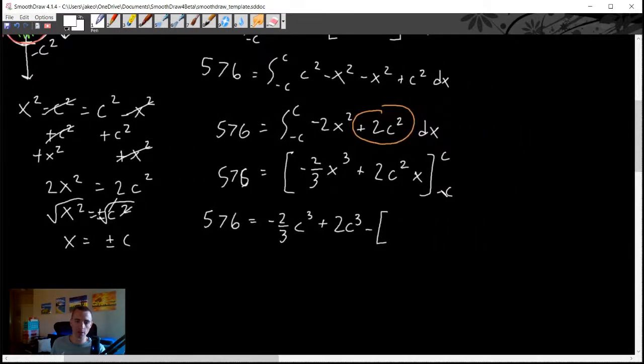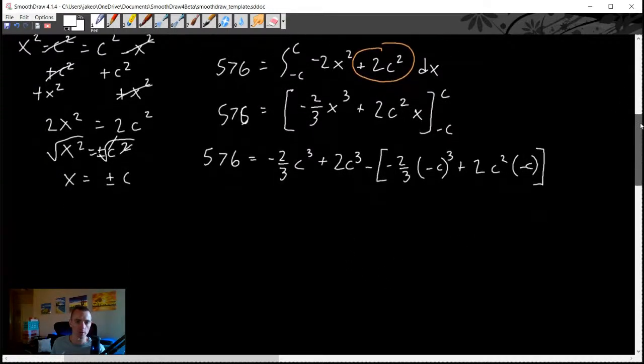So now we're going to plug in negative c for x, so we're going to get negative 2/3 times negative c cubed plus 2c squared times negative c. Okay, so now we want to simplify this, because this is a bit of a mess at this point.